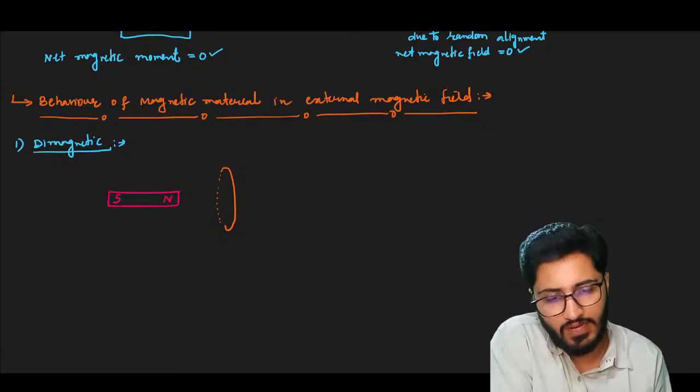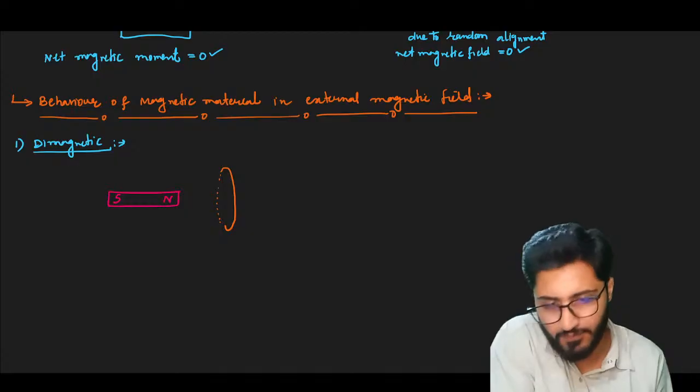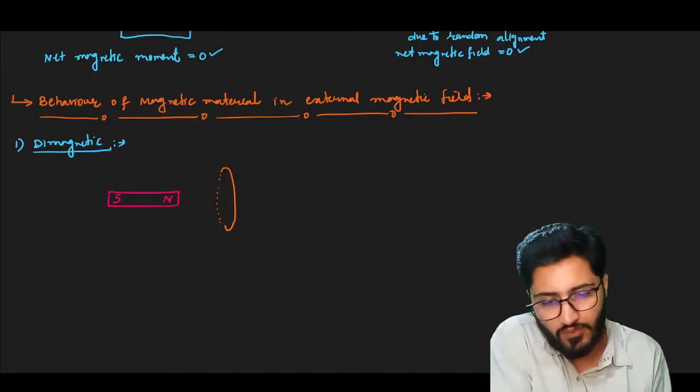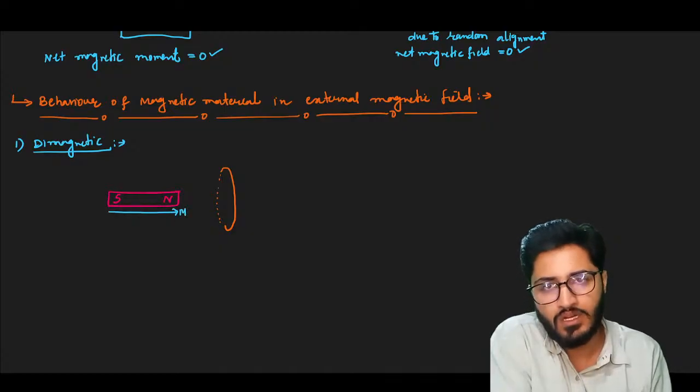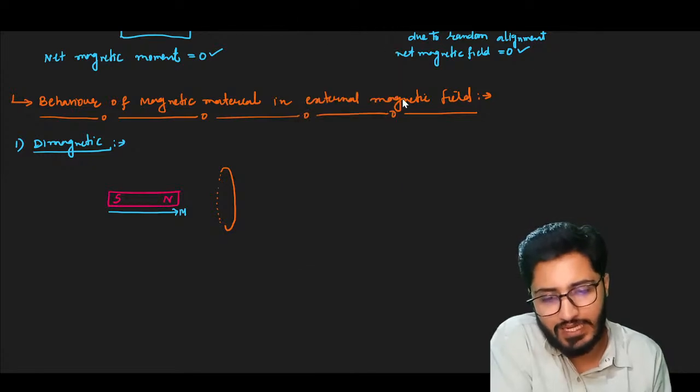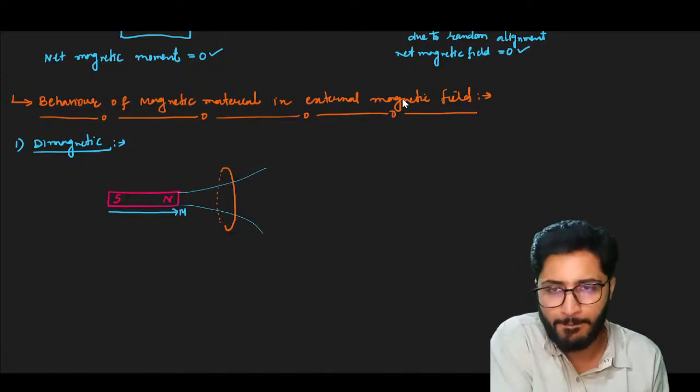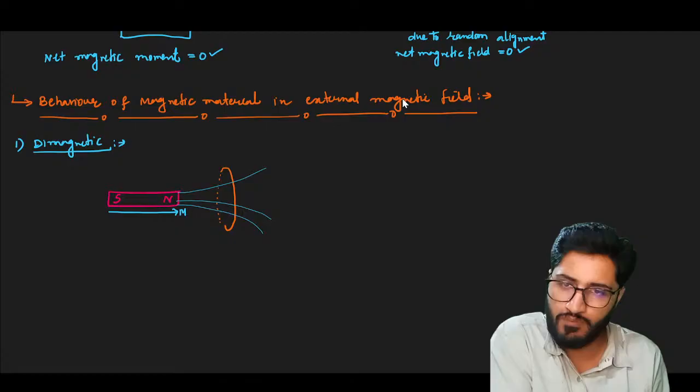What will happen now? South and north pole, my magnetic moment would be in this way. The magnetic field lines go like this. These are my magnetic lines.